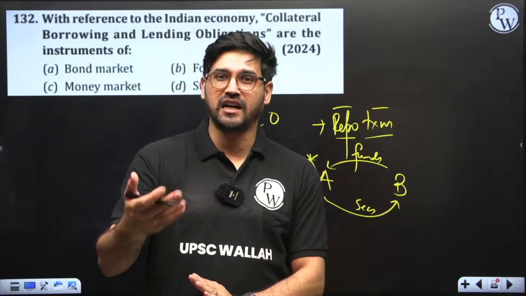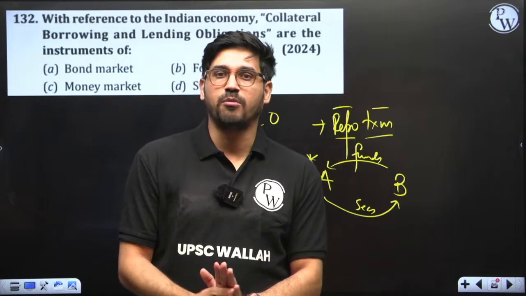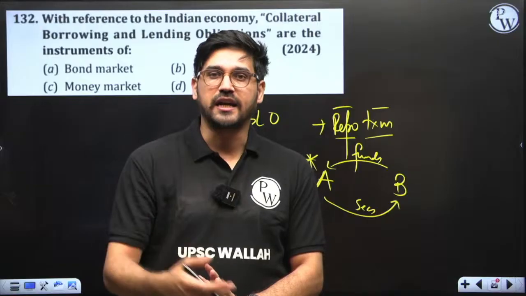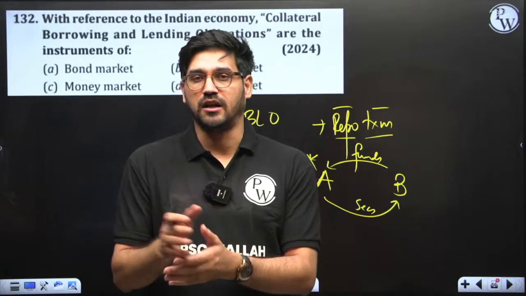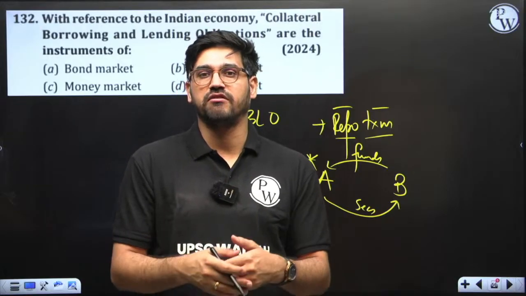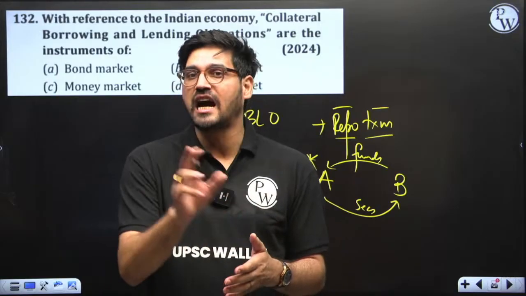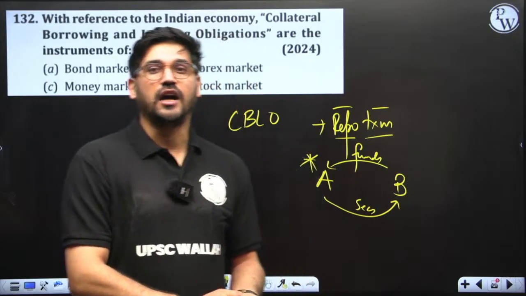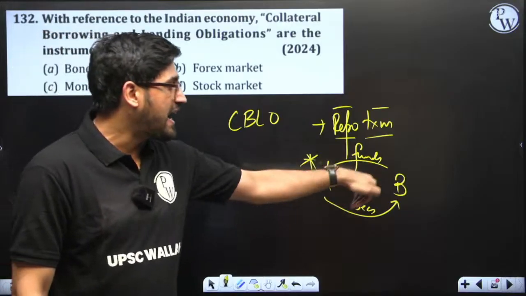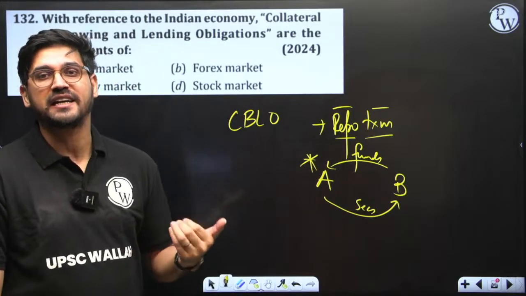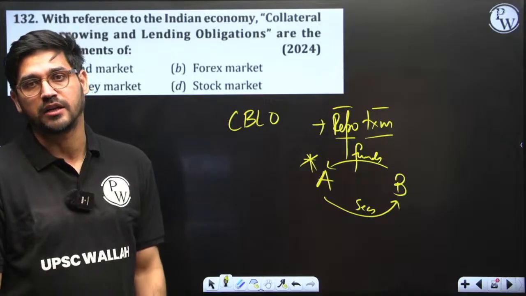It can be an overnight repo operation, 7-day repo operation, 14 days, 28 days. Now there is also something called the LTROs. A repo transaction will mature only after that time period is over. Under CBLO, you can buy these securities back or repurchase them even before the maturity time period is over.